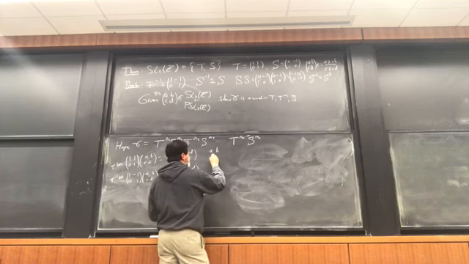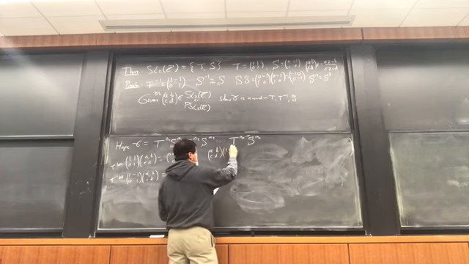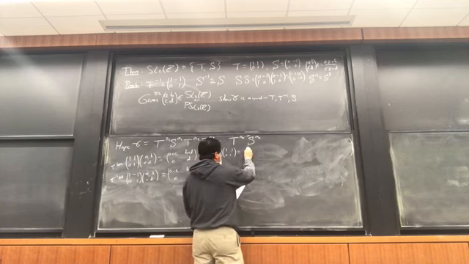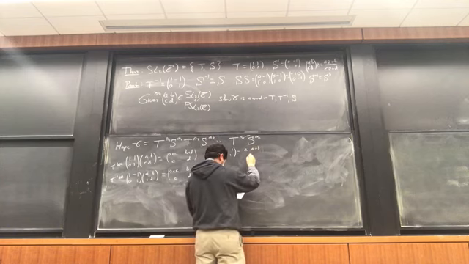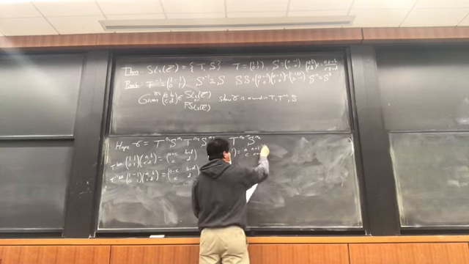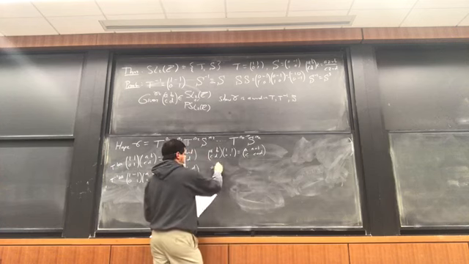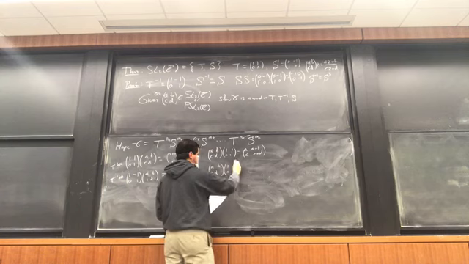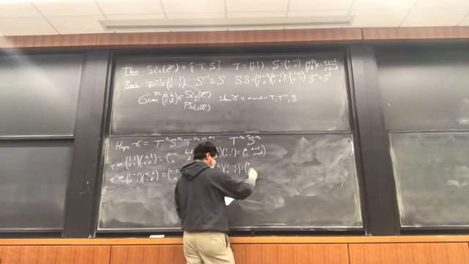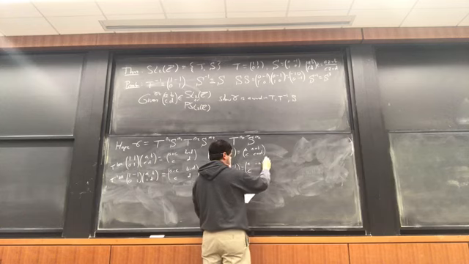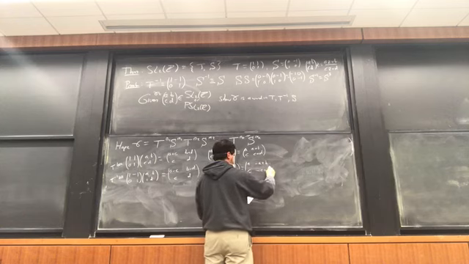So A, B, C, D times (1, 1; 0, 1) will be A, A plus B, C, C plus D. And then I have A, B, C, D, T inverse on the right. And that will be A, negative A plus B, C, negative C plus D.